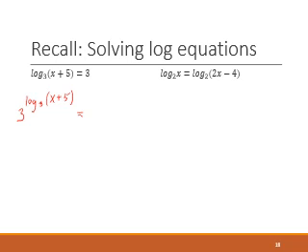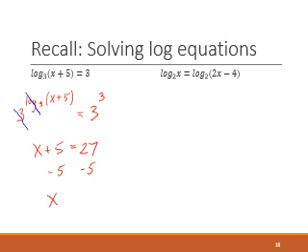And that means I have to do the same thing on the right-hand side, use it as an exponent with a base of 3. Now, exponential with a base of 3 and logarithm with a base of 3 are going to cancel. And so what you've got here is just x plus 5. And 3 to the third power is 3 times 3 times 3, which is 27. So now you can see how using the exponential helped me isolate the variable.